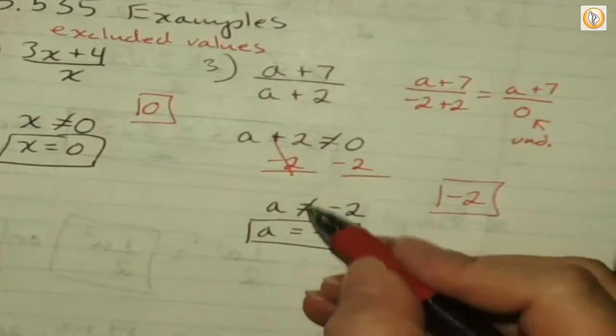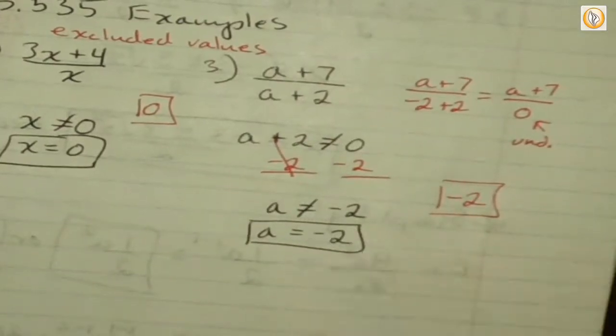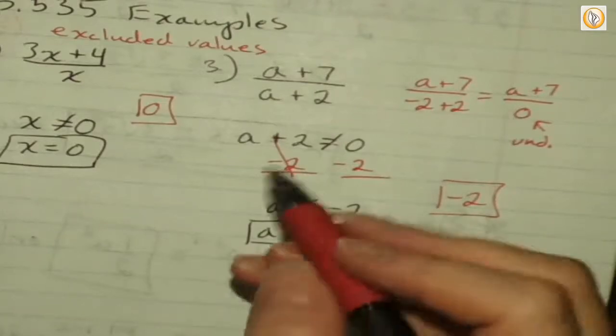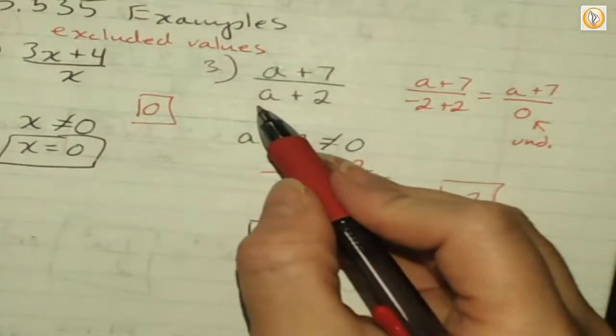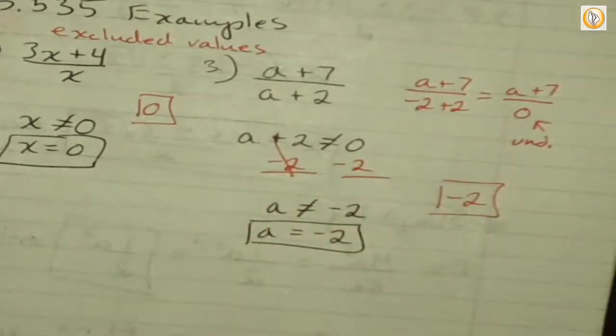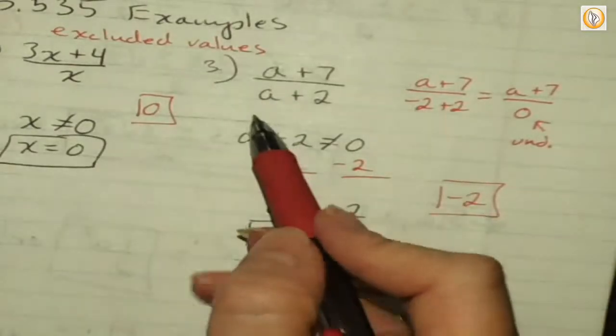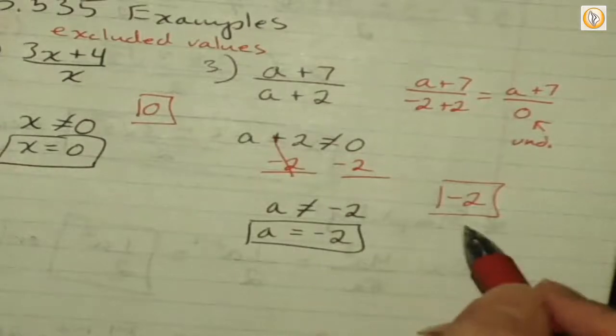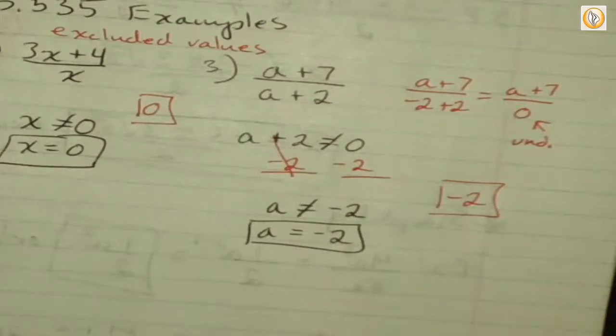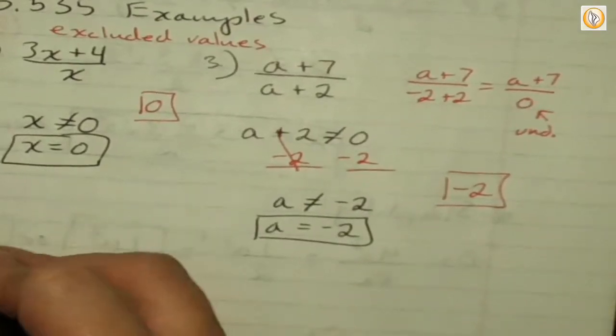If this is throwing you off, then don't worry about it. That's overanalyzing. All of you understand we're looking for what it can't be because then it'll be undefined, right? That a can be any number but -2. If you get that, you're good. Don't waste your time on this stuff. Okay, let's look at number 5.